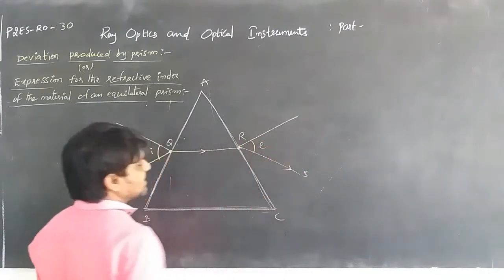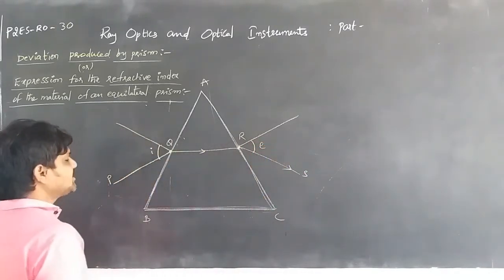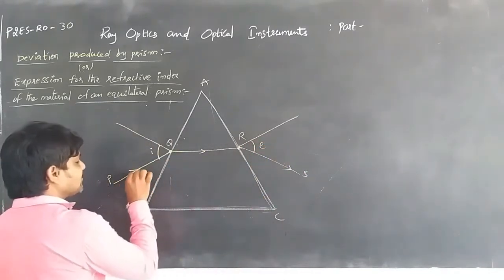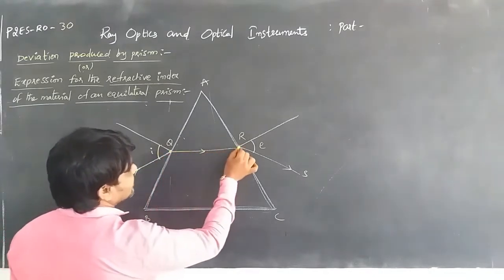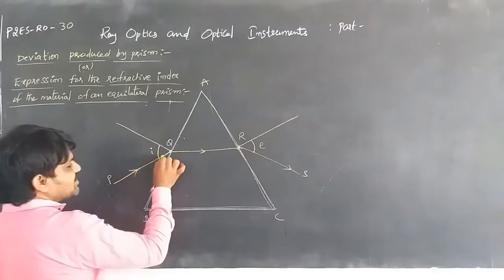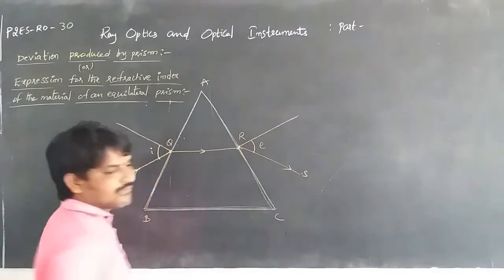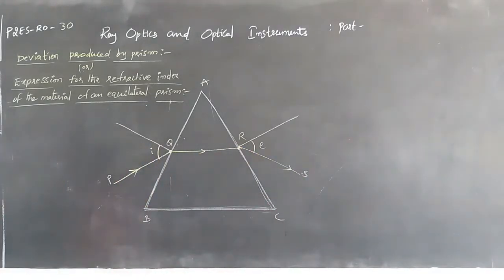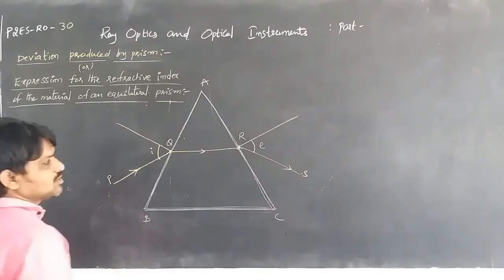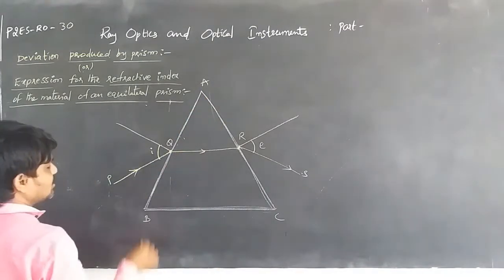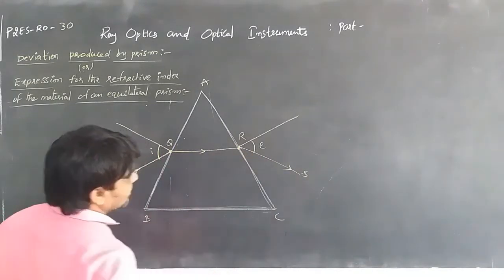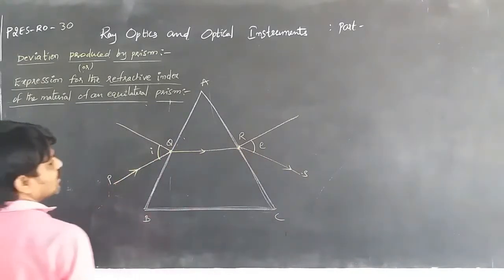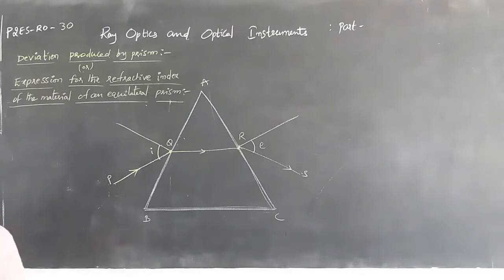When light passes from one refracting surface to the other, the incident ray and the emergent ray are not parallel, because the two surfaces are inclined to each other. So the incident ray PQ and the emergent ray RS are not equal in direction.